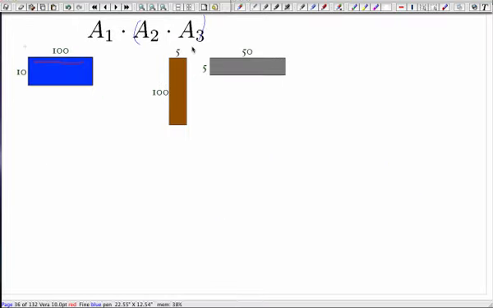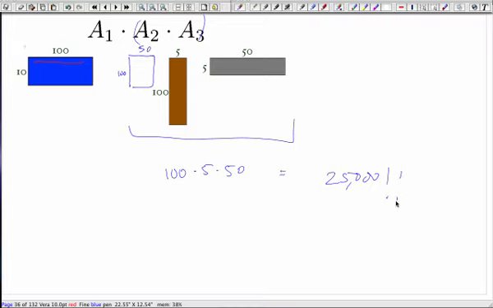Suppose we do it this way, these 2 multiplied first. We're going to produce an intermediate value of size, what? 100 by 50. So just multiplying these 2 right here is going to take 100 times 5 times 50. And already you can see that we've blown the budget, because this number right here is 25,000.